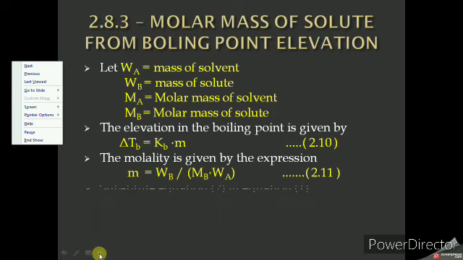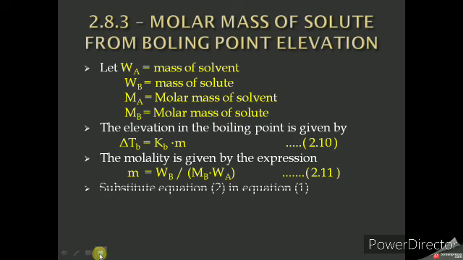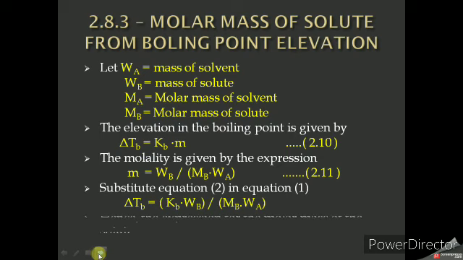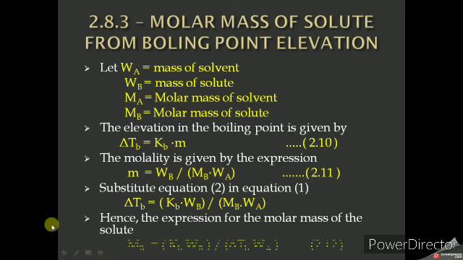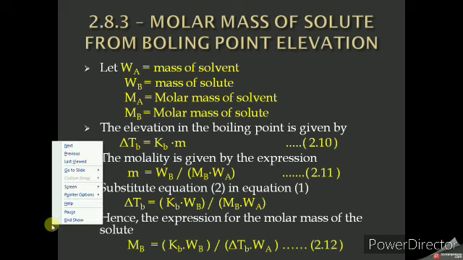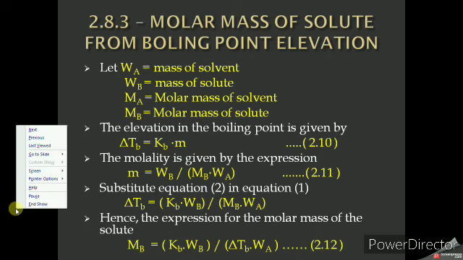Then substituting this m in the above equation, delta Tb is equal to Kb into Wb divided by Mb into Wa.